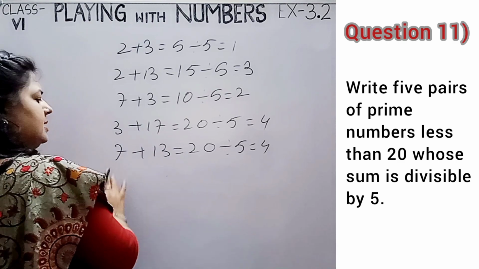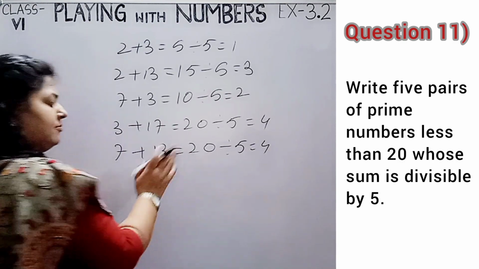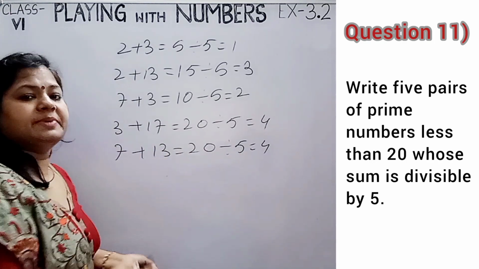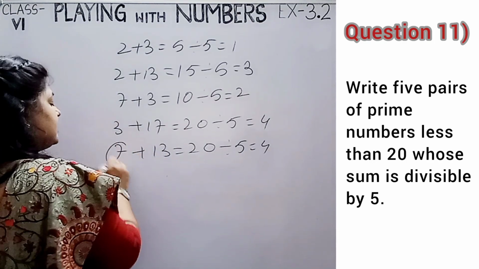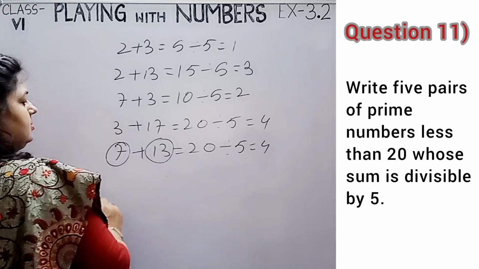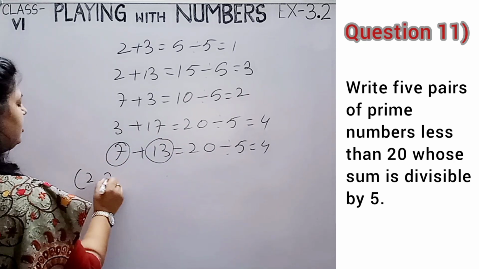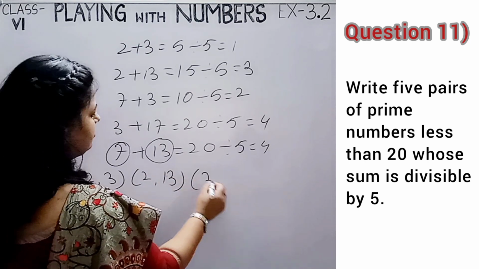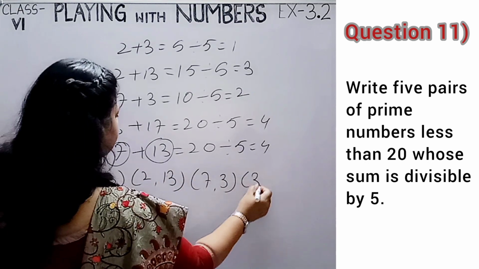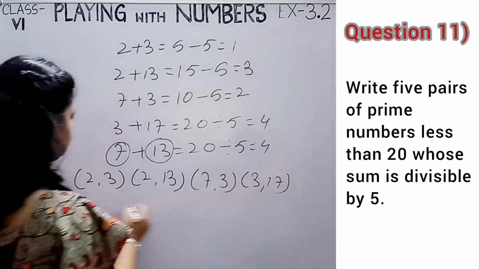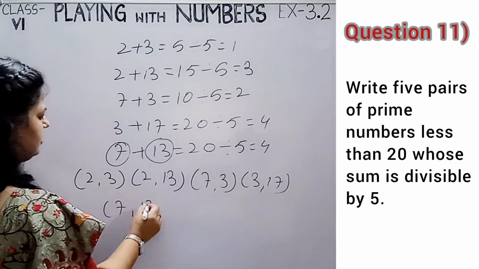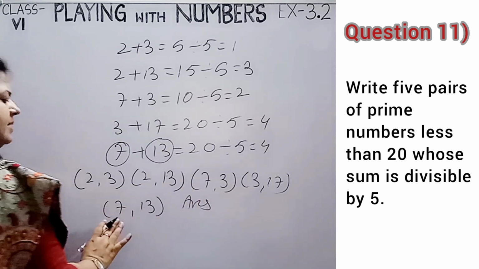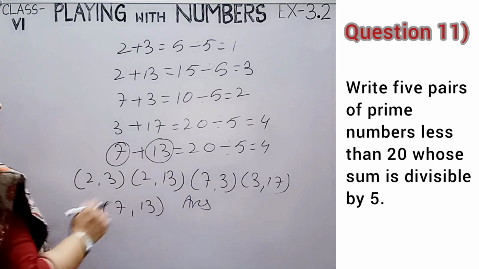After adding these, we get a number which should be divisible by 5, and these numbers should be prime numbers. Now our pairs are 2, 3; 2, 13; 7, 3; 3, 17; and the last one is 7, 13. Answer. And all these sums are divisible by 5 after adding.